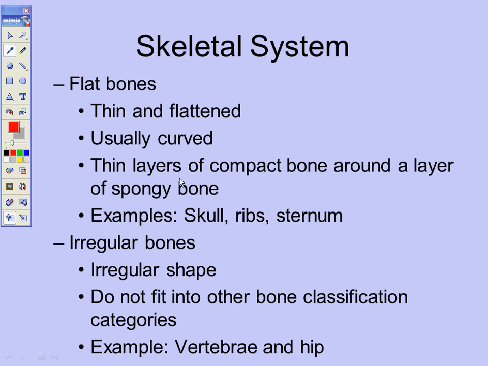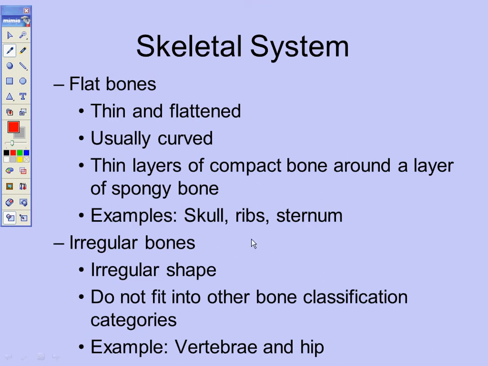Flat bones are going to be thin and flattened out, pretty obvious there. The bones of the skull, like the temporal bone, the parietal bone, the frontal bone, so on and so forth, are going to be some of the flat bones.